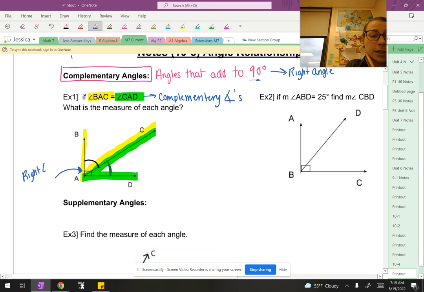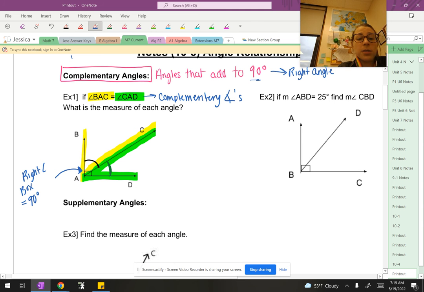Your right angle box equals 90 degrees, meaning that when I take those two angles and add them together, I should be getting 90 degrees. So angle BAC plus angle CAD equals 90.